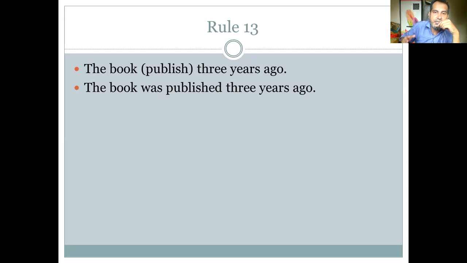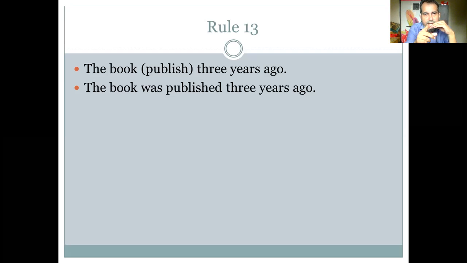That means it is a past incident. So keeping in mind these two clues, the one is the book here, so this is not active voice, and you cannot use present tense here. So just make a combination of two clues here and do the solution.